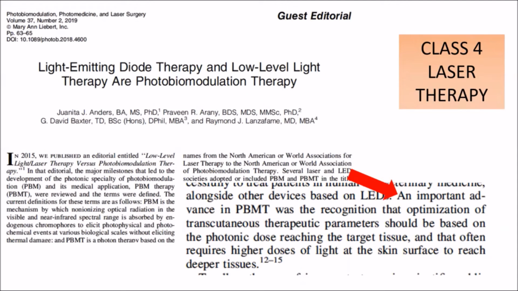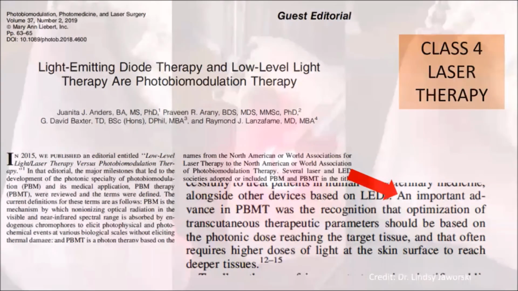This paper from 2019 states, an important advance in photobiomodulation therapy was the recognition that optimization of transcutaneous therapeutic parameters should be based on the photonic dose reaching the target tissue, and that often requires higher doses of light at the skin surface to reach deeper tissues. This is something that I have been saying for 15 years or more. Class 4 therapeutic lasers are required in order to do effective therapeutic laser treatments.